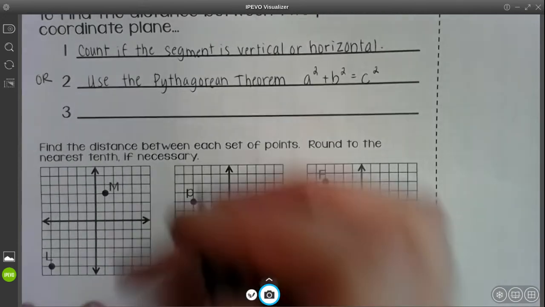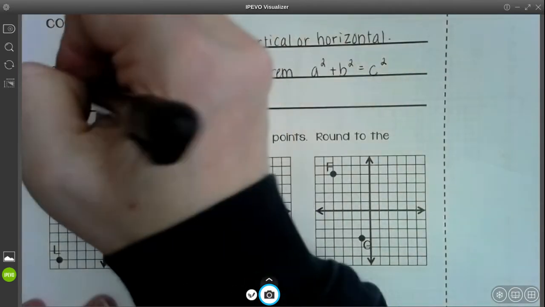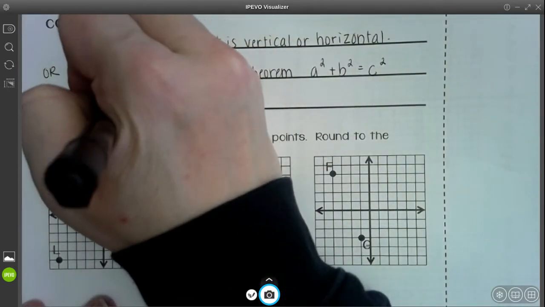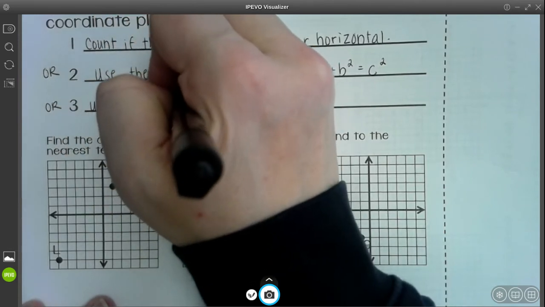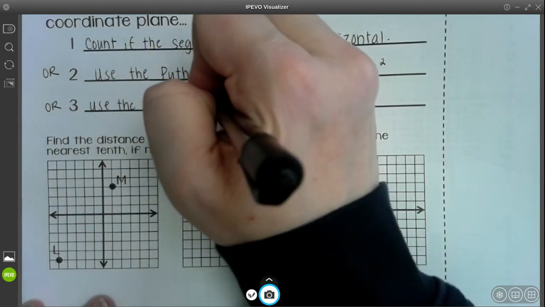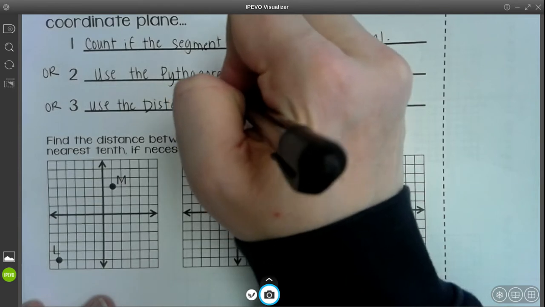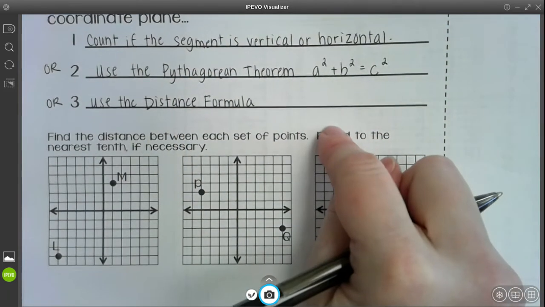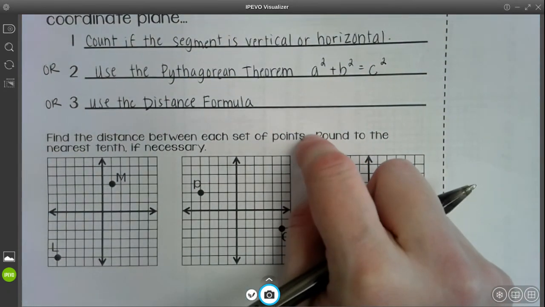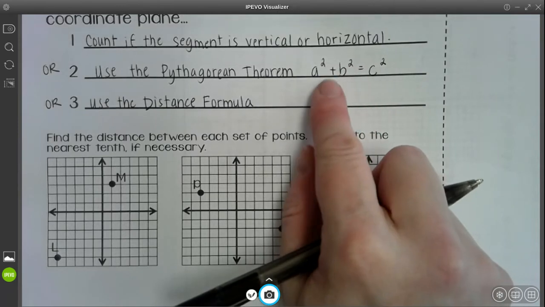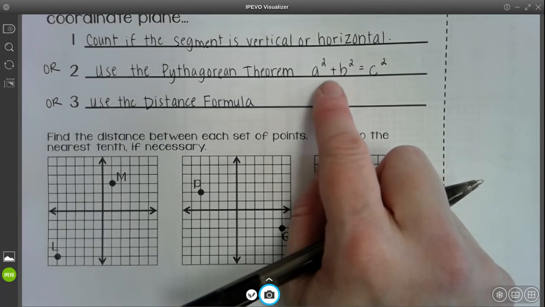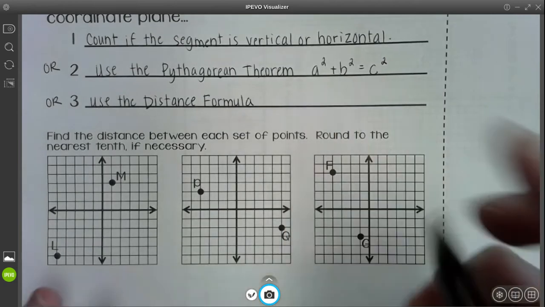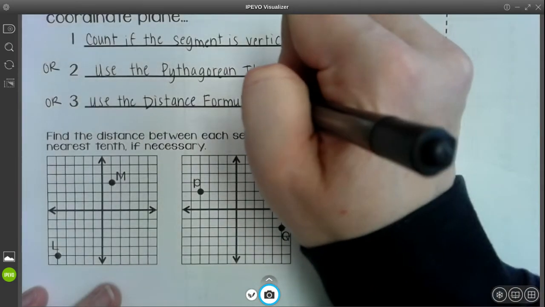Okay, or the third way is we can use the distance formula. Okay, and in all honesty, this distance formula that I'm about to show you actually is the Pythagorean theorem. It's just using the x1, x2 concept. All right, so here goes.